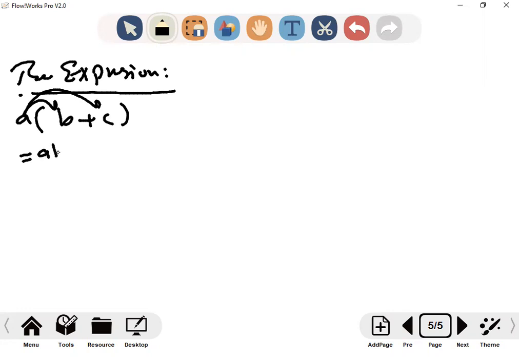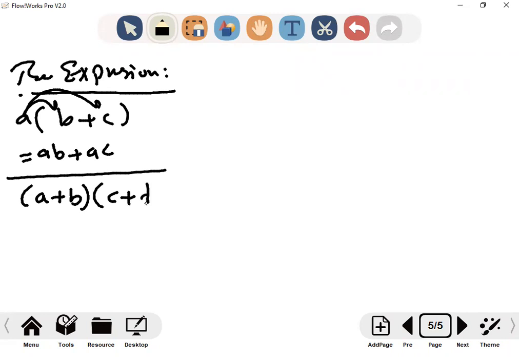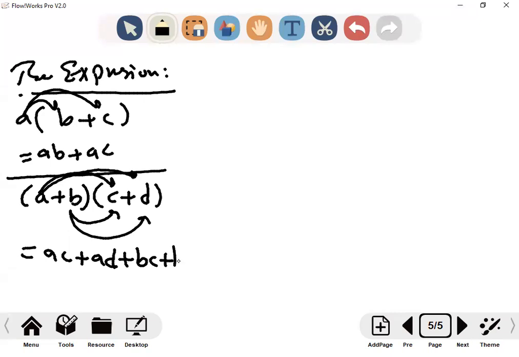It will be A multiply B plus A multiply C, right? Now, if you have two parentheses like A plus B multiply C plus D, you distribute A with C, A with D, then B with C, B with D. It will be AC plus AD plus BC plus BD, right? This is how you deal with it.